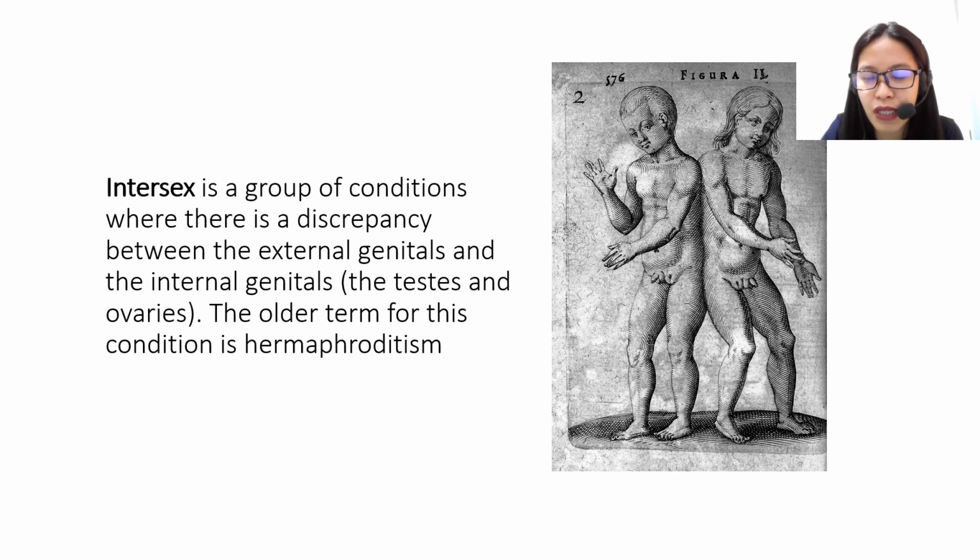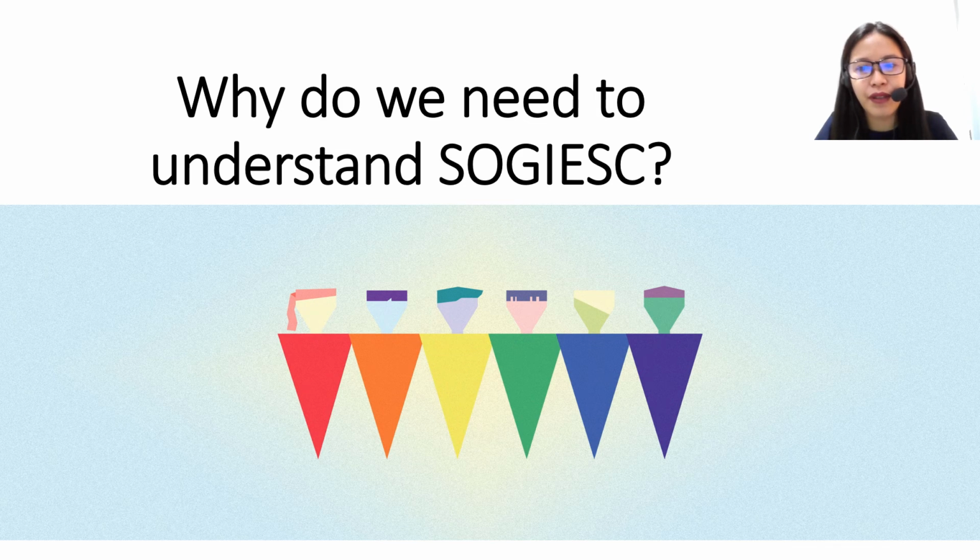So we call them intersex. And in the Philippines, there are few cases that we have listed for intersex sex characteristics. So when we see that someone has both male and female genitals, we call them intersex.